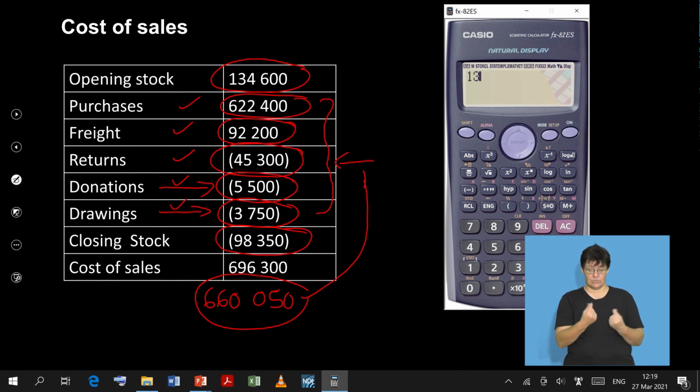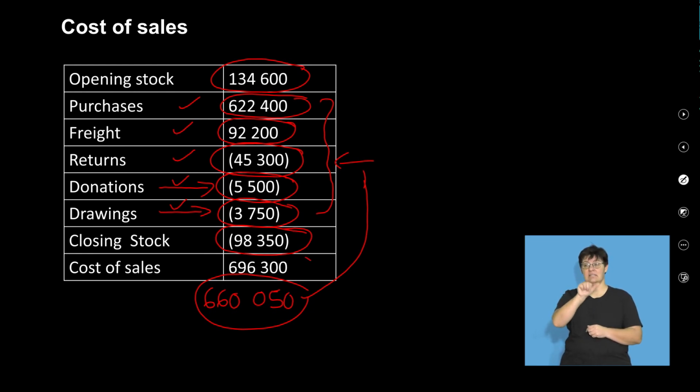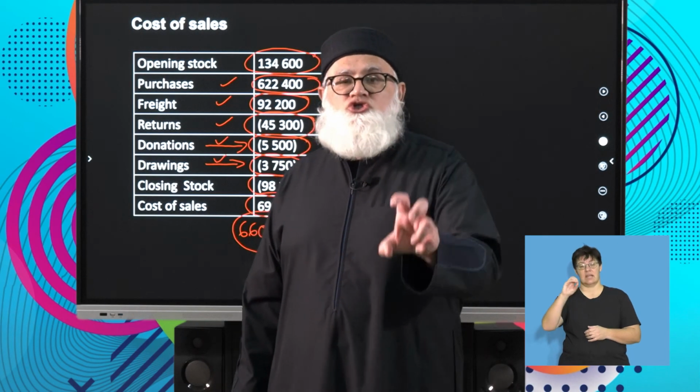It's 134,600 plus 622,400 plus 92,200 minus 45,300 minus 5,500 minus 3,750 minus 98,350, and that will give you 696,300, which is the cost of sales that we were expected to calculate, 696,300. Okay, now that is your cost of sales component.